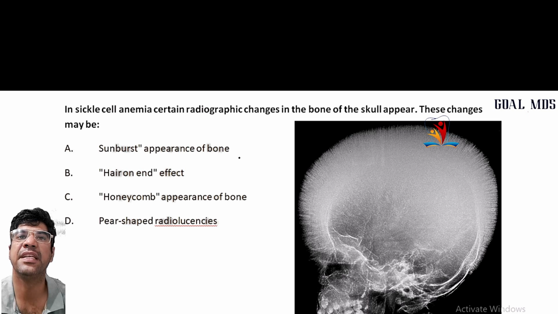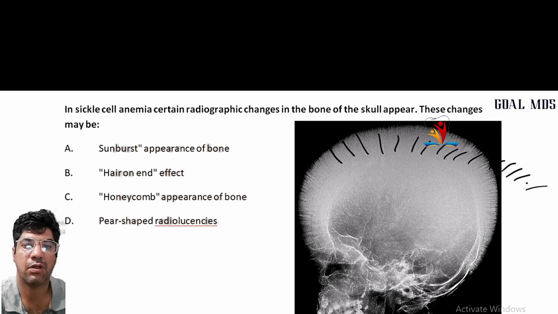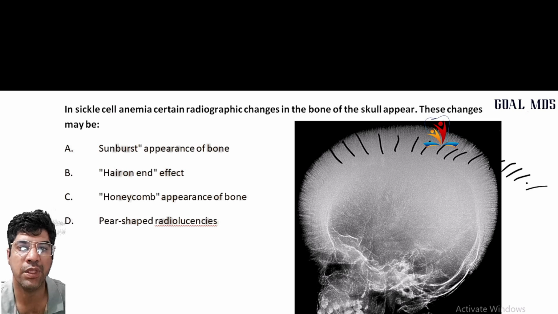Moving to the next question. In sickle cell anemia, certain radiographic changes appear in the bone of the skull. These include the hair-on-end appearance. It results from increased erythropoiesis in the bone marrow, which will lead to widening of diploic spaces and thinning of the inner and outer table of the skull.